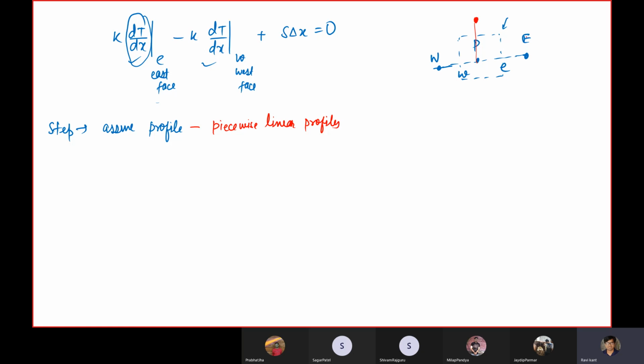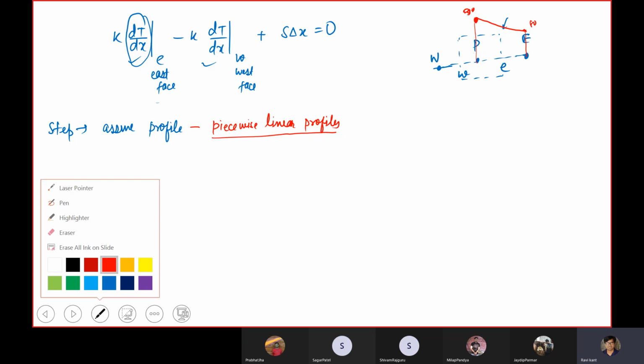My east face variable temperature was, let's suppose, 100 degrees C, or maybe 90 degrees C, and this was 80 degrees C. This is my profile, and with piecewise linear profile assumptions, I assume that the variation happens linearly, piecewise. In this way I can do the things.